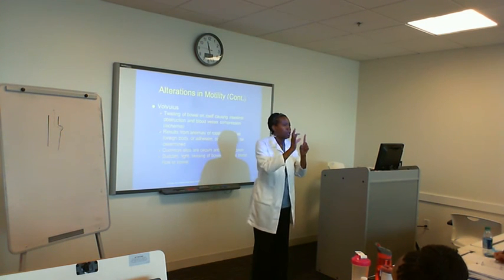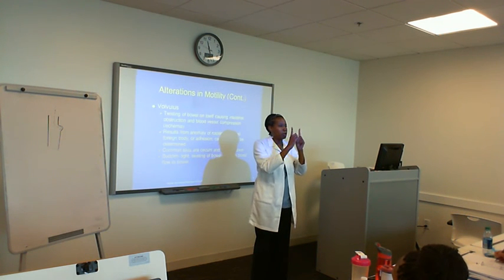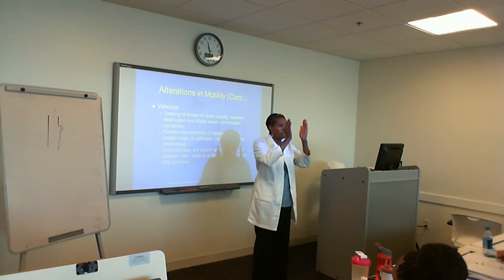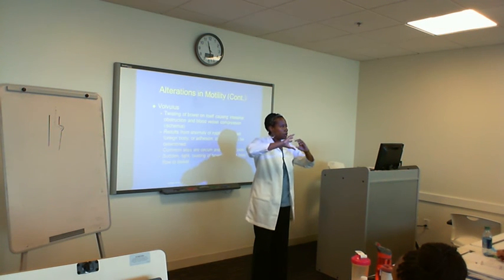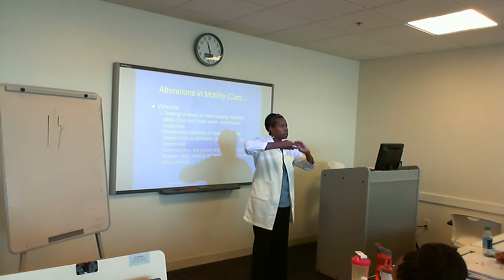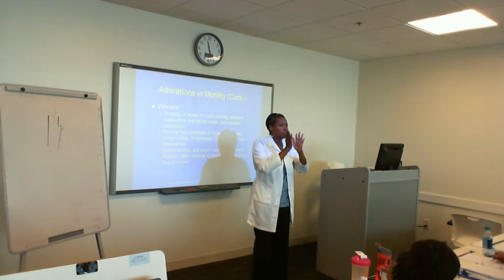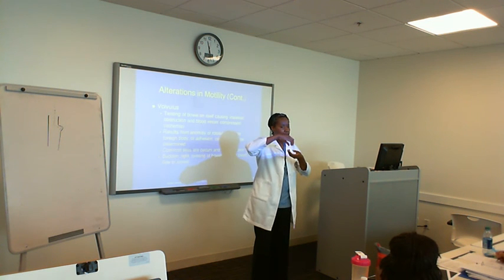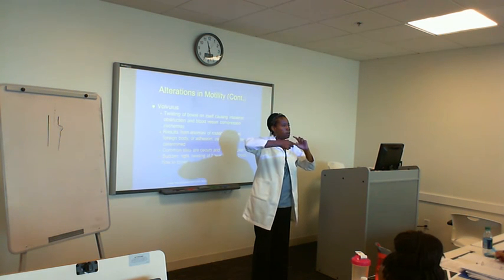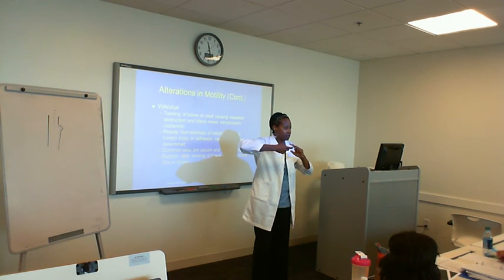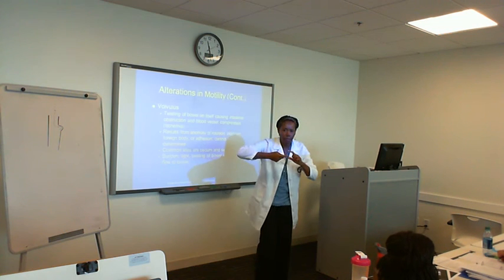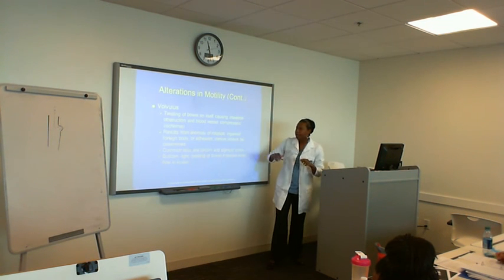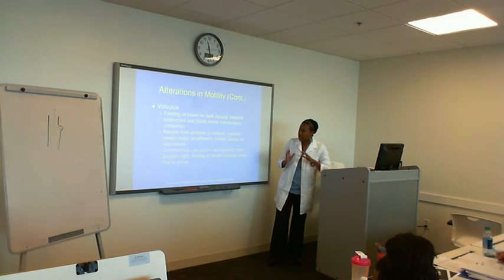So what will happen is the tube will start to turn on itself because it's moving and moving and moving, trying to break it down, and that's what the body's supposed to be doing. But because this toy is not moving the way it should, the bowel will actually twist on itself. So it'll twist because of the whole peristaltic or segmentation activity.